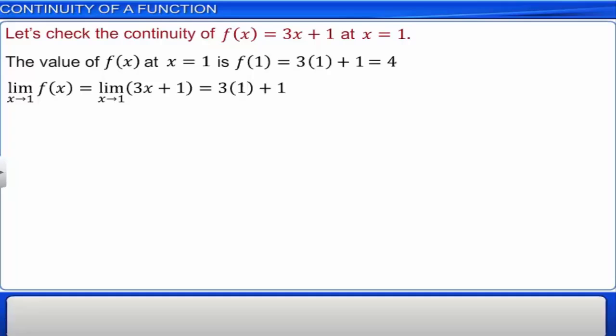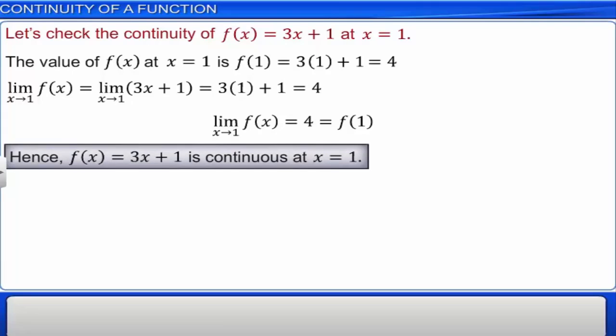This is given by the limit of 3x plus 1 as x approaches 1, which is equal to 4. Thus, the limit of the function coincides with the value of the function. Hence, the function is continuous at 1.